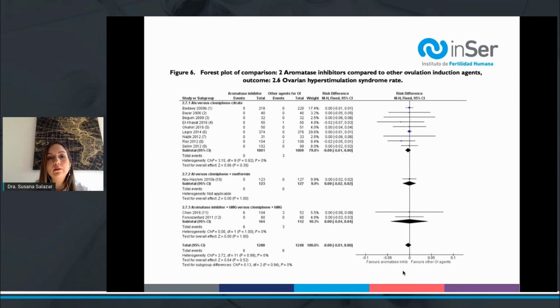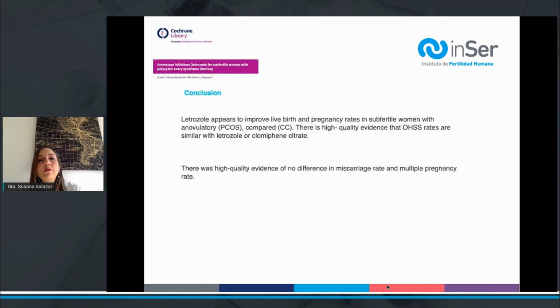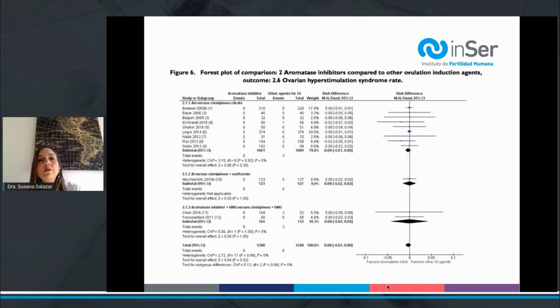12 studies were included with 2,336 women comparing letrozole with clomiphene that reported ovarian hyperstimulation, and it was concluded that the frequency is similar in both groups.